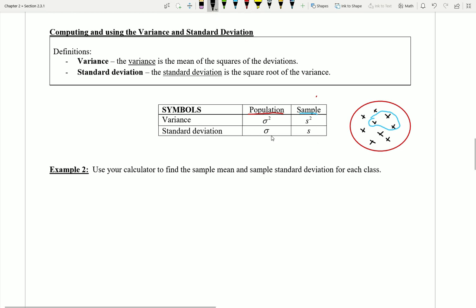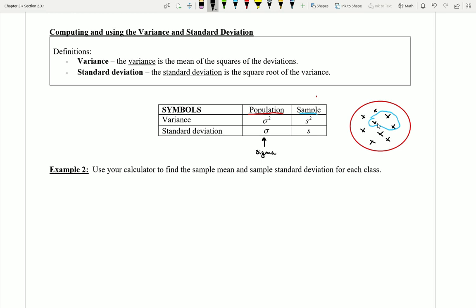Similarly, I have symbols over here with a new Greek letter for population variance and standard deviation. This is the Greek letter sigma. So I have a sigma and a sigma squared. Again, it's important to recognize that these symbols are talking about these values measured for different groups of individuals, and I need to know which one's which so I understand which to use at which time.